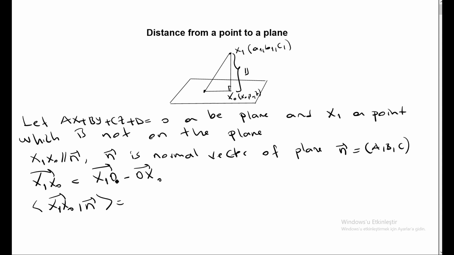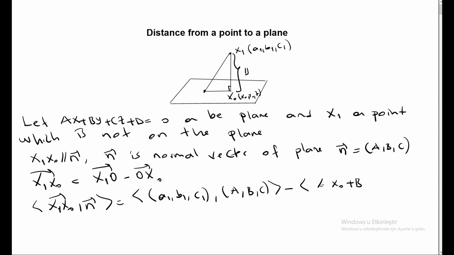Now x1 x sub 0 means a1, b1, c1 times a, b, c, minus, so a times x sub 0, b times y sub 0.